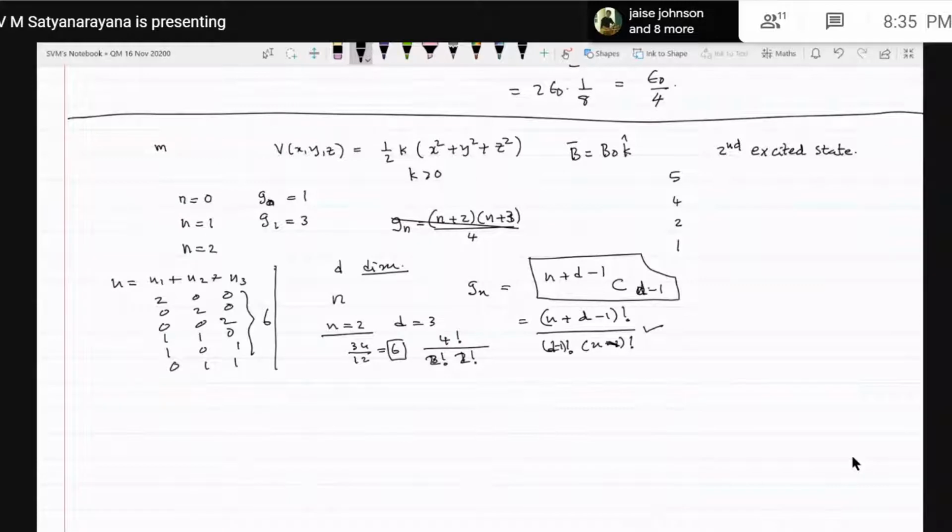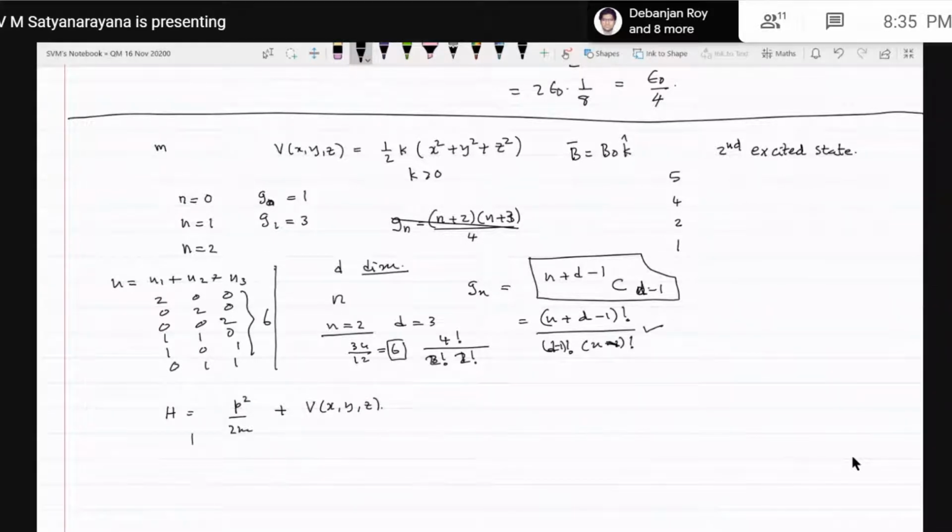Now the point is, if you are applying a magnetic field in the z direction, your Hamiltonian will have p square by 2m plus V of xyz.